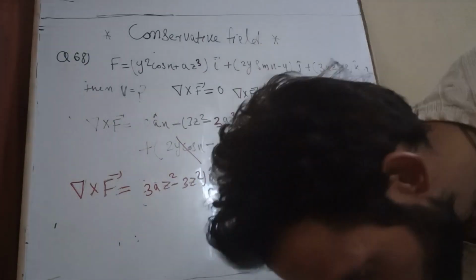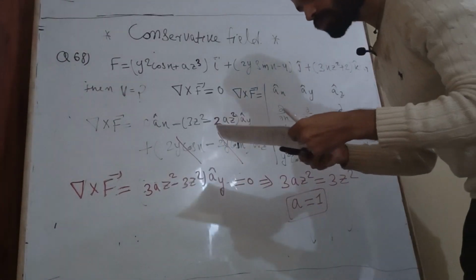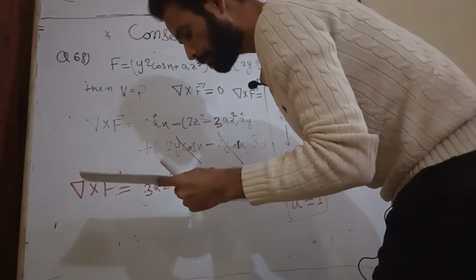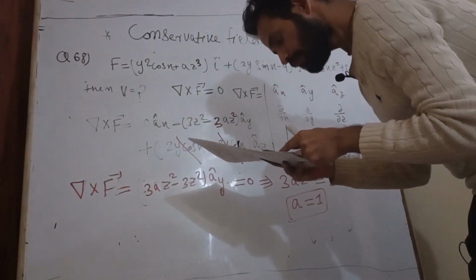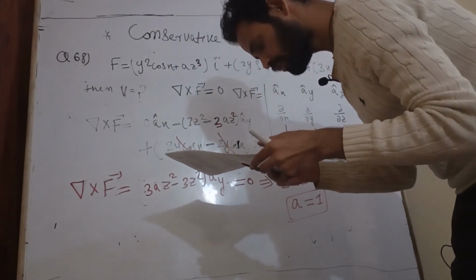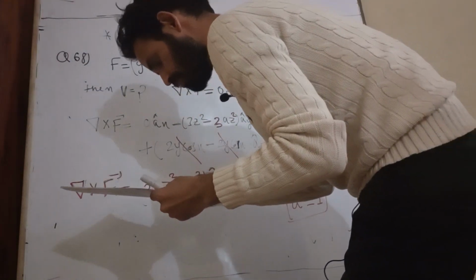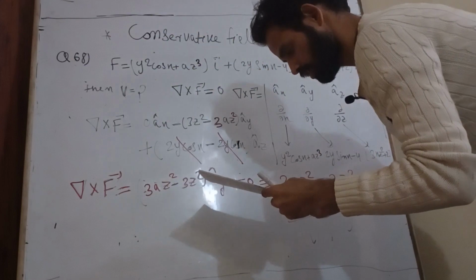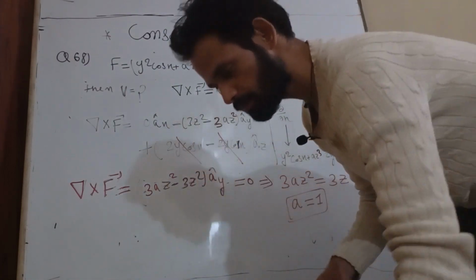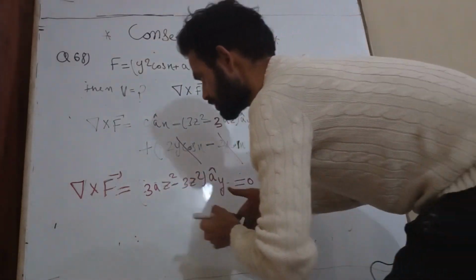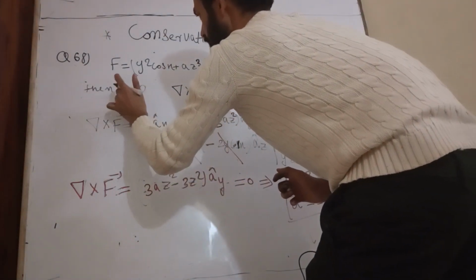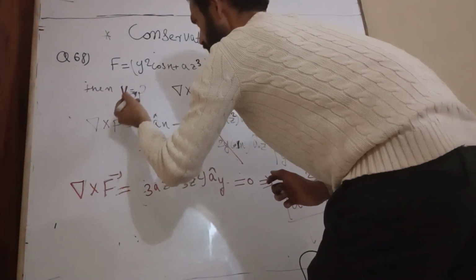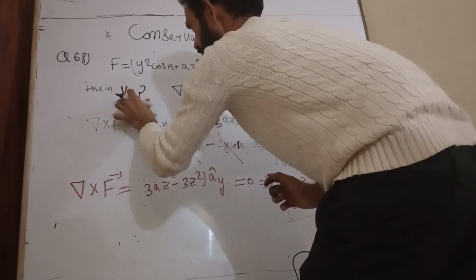If we observe option number B, you see the coefficient of z cube. Option number B is that, because he is asking about scalar potential, because potential is automatically a scalar quantity.